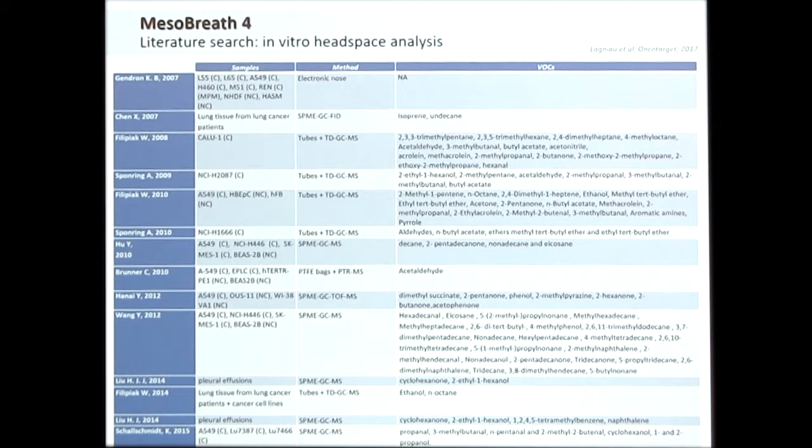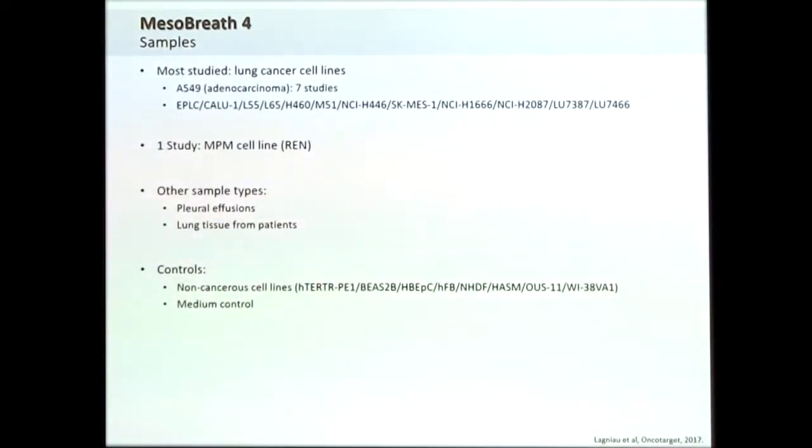So we have found some studies, and there were differences concerning the samples that were used, the methods that were used, and the compounds that were identified. In short, the most studied population were lung cancer cell lines. Most studies used the adenocarcinoma cell line, the A549, and only one study included a mesothelioma cell line, the REN.